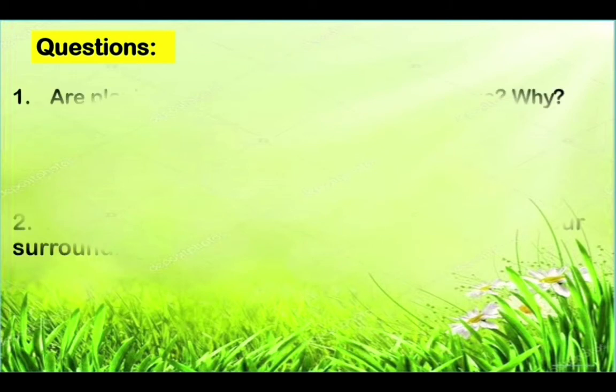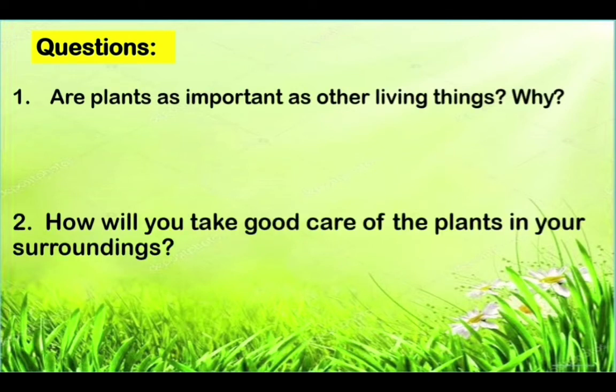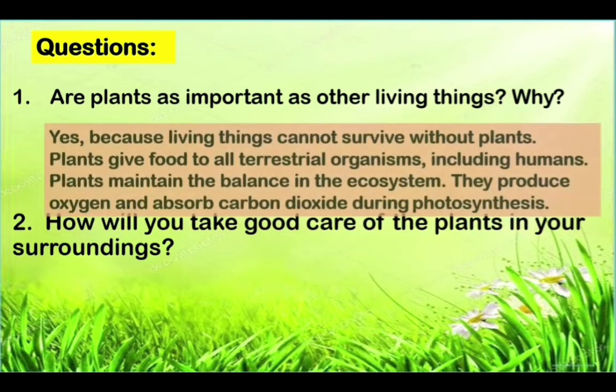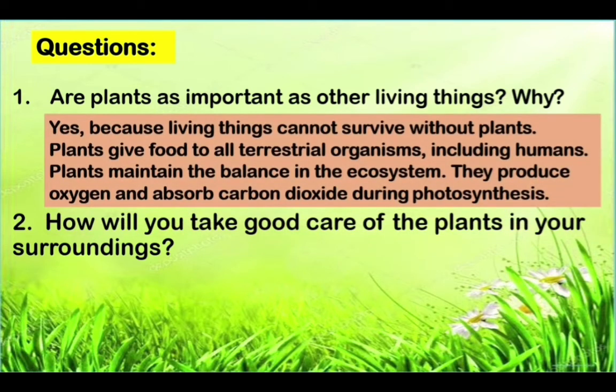Now we have questions. Number 1, are plants as important as other living things and why? Yes, because living things cannot survive without plants. Plants give food to all terrestrial organisms, including humans.